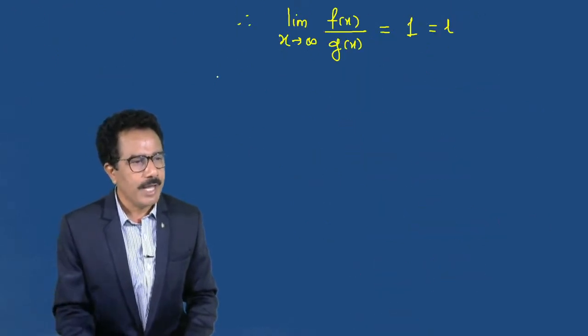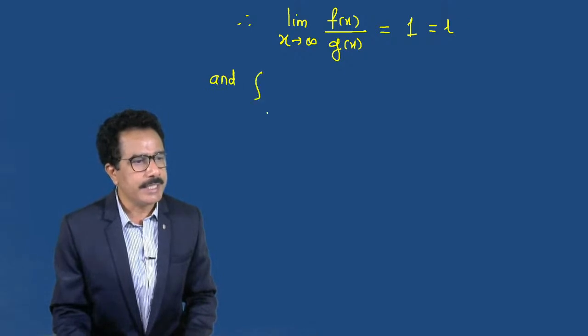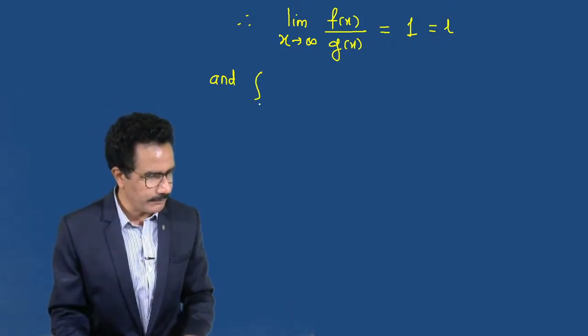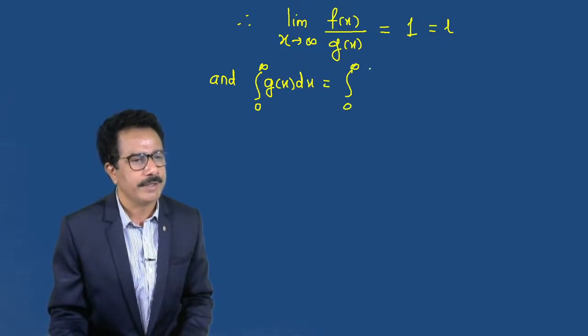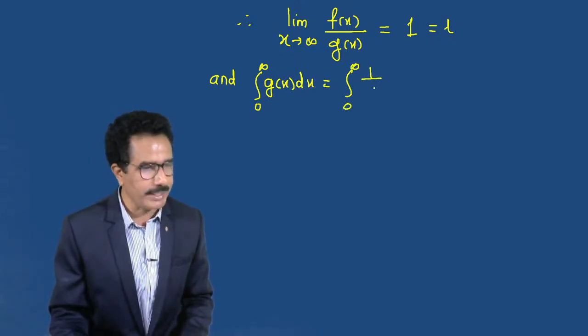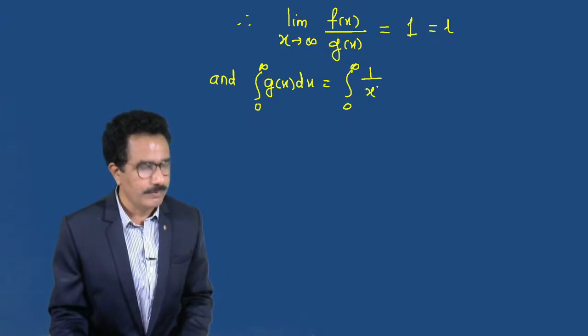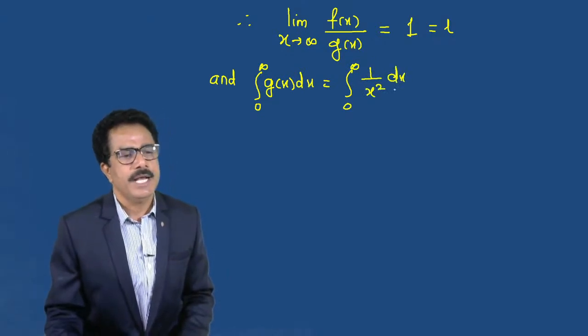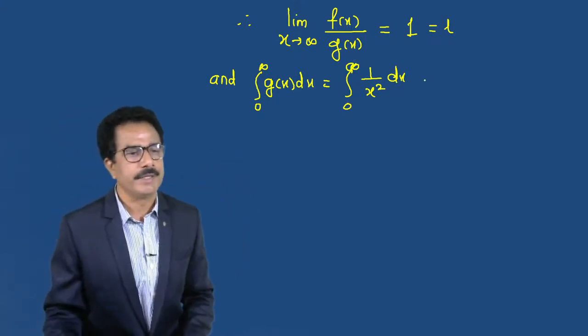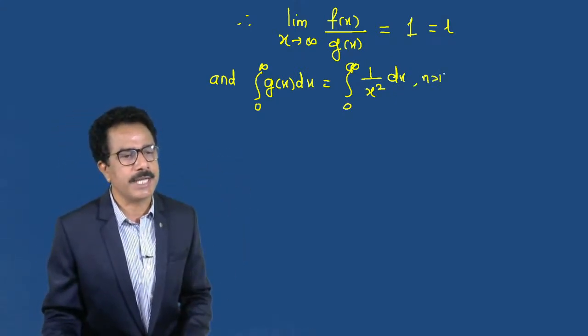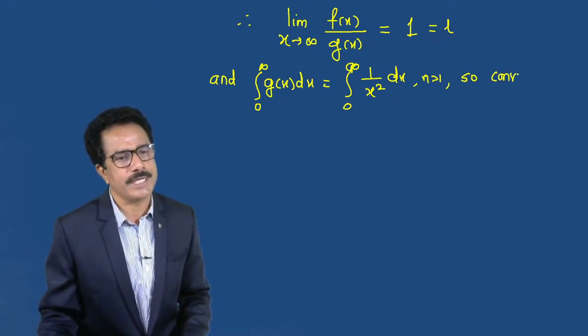So the integral from 0 to infinity g of x dx equals the integral from 0 to infinity of g of x, which we have taken as 1 upon x raised to square, dx. Now tell me, is g of x convergent or divergent? Student, now you tell me. n is greater than 1, so divergent, so convergent, sorry.